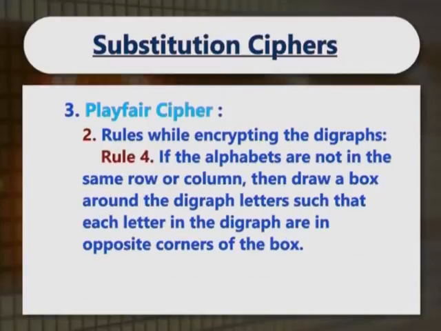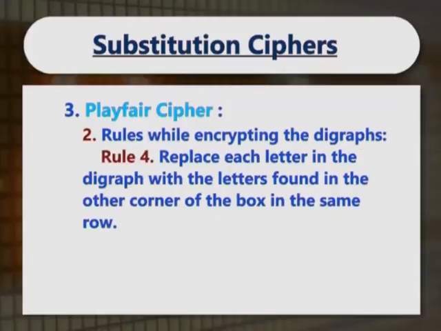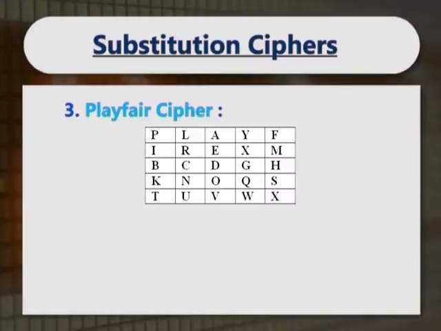If the alphabets are not in the same row or column, then draw a box around the digraph letters such that each letter in the digraph is in an opposite corner of the box. Replace each letter in the digraph with the letter found in the other corner of the box in the same row. As you can see, X and N are not in the same column or in the same row.